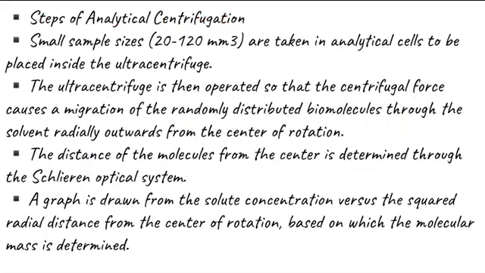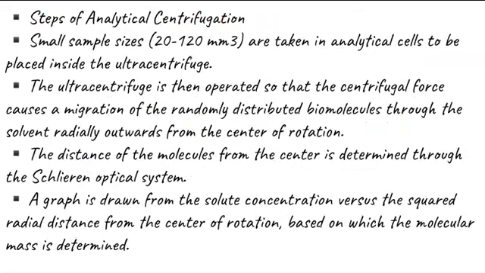Steps of analytical centrifugation. Small sample sizes are taken in analytical cells to be placed inside the ultracentrifuge. The ultracentrifuge is then operated so that the centrifugal force causes a migration of the randomly distributed biomolecules through the solvent radially outwards from the center of rotation.